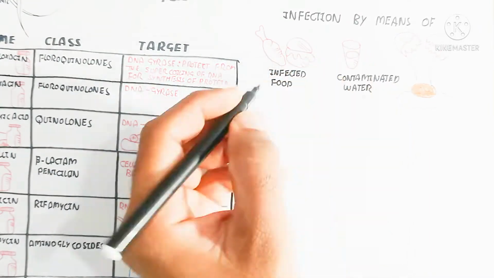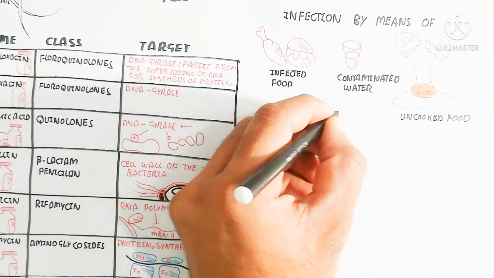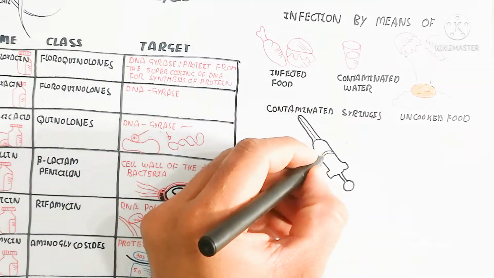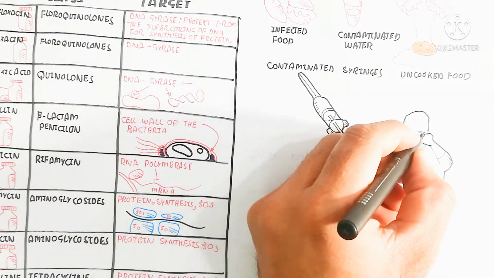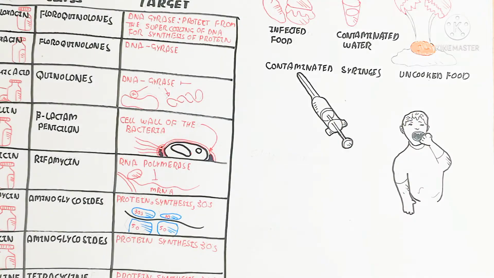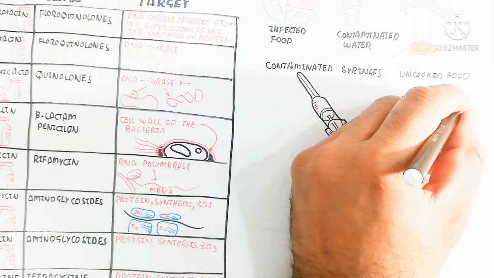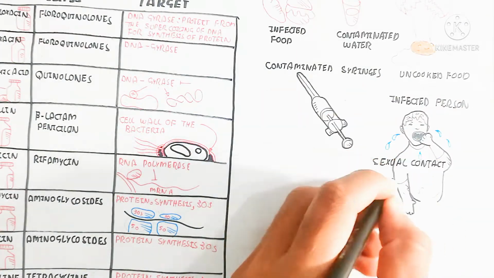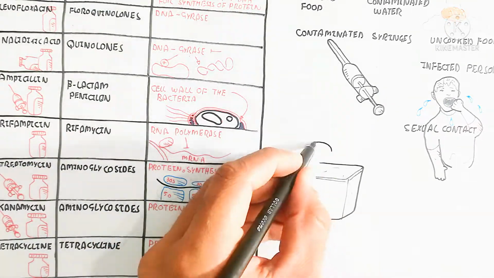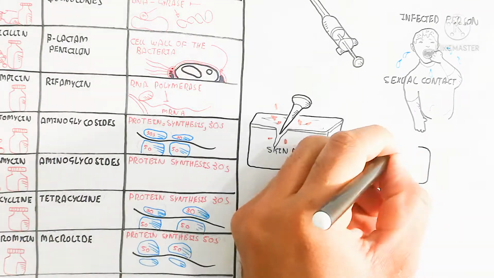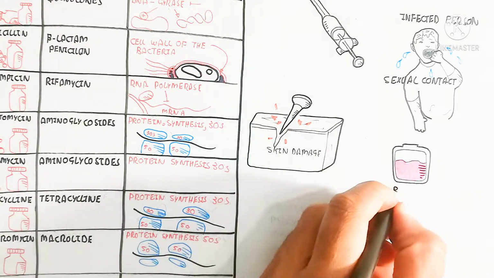Uncooked food, for example eggs, can contain salmonella, which can infect the digestive system and cause diarrhea. Contaminated syringes, infected persons through sexual contact and other things also increase the rate of infection through bacteria. Skin damage works by the same mechanism I discussed before. Blood transfusion is also important, as bacterial infection is possible.